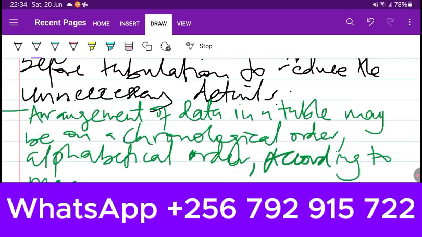When you talk about magnitude, we mean the size. Magnitude to facilitate comparison.